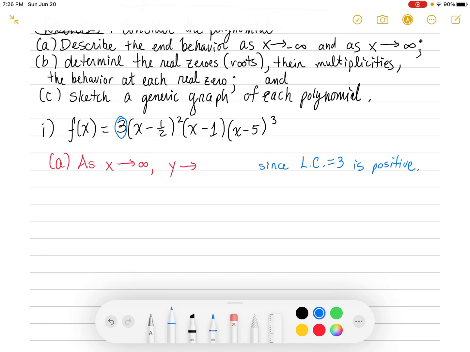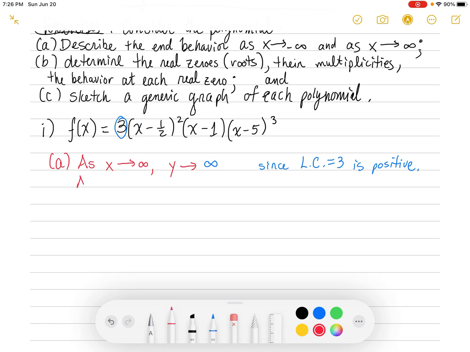So what can you say about the y value on the right side? On the right side, as x goes to infinity, the y value is going to go to infinity. So when you have a positive leading coefficient, your y value goes up, or to infinity, on the right side, as x goes to infinity.